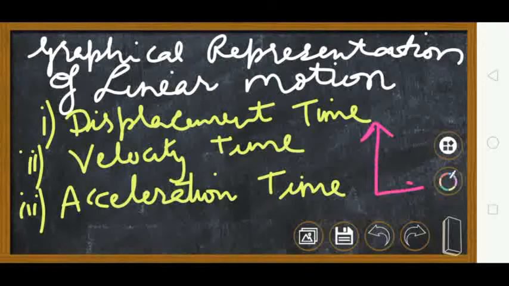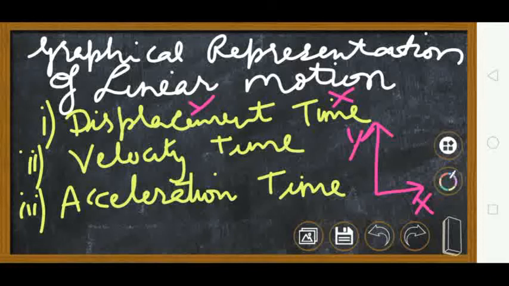This is the x axis and this is the y axis. In the displacement time graph, you take displacement on the y axis and time on the x axis and plot. For velocity, you take velocity on the y axis and time on the x axis.